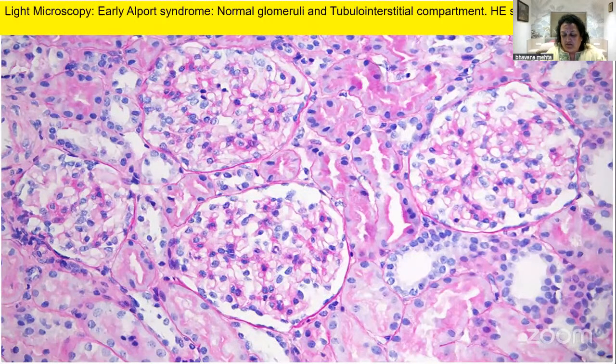Many times we see a normal renal biopsy, but when a young patient has microscopic hematuria with normal morphology on the renal biopsy, we have to do electron microscopy to look for basement membrane changes and the diagnosis of Alport's syndrome.